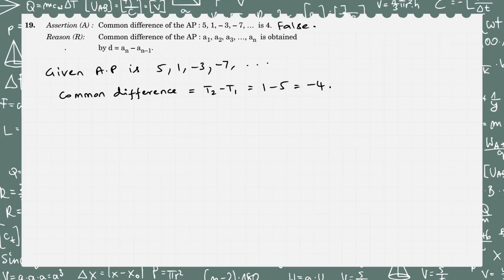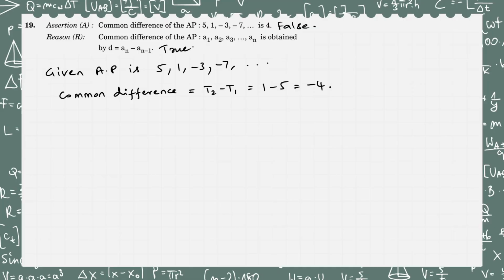So this statement seems like a false statement, right? And let us look at the reason. Reason: common difference of the AP A1, A2, A3, etc., AN is obtained by d equal to AN minus AN minus 1. That means the term minus its preceding term, right? If we do that, we will obtain the common difference, which is perfectly correct. That's how the common difference is defined. So the reason seems like a valid statement, a true statement.